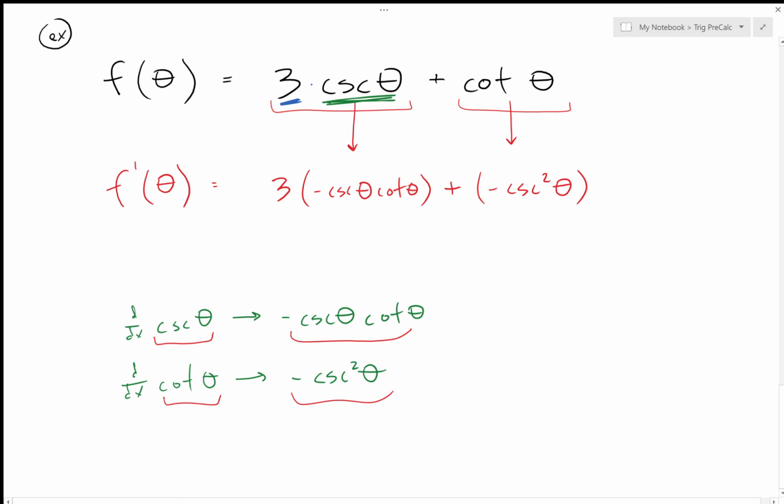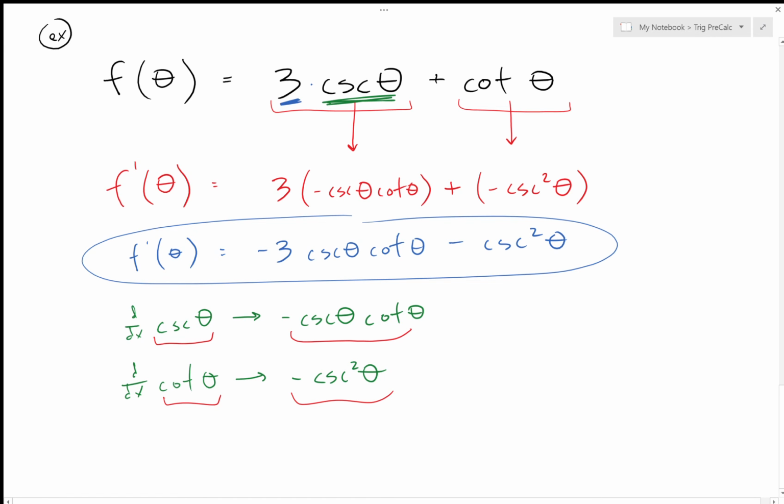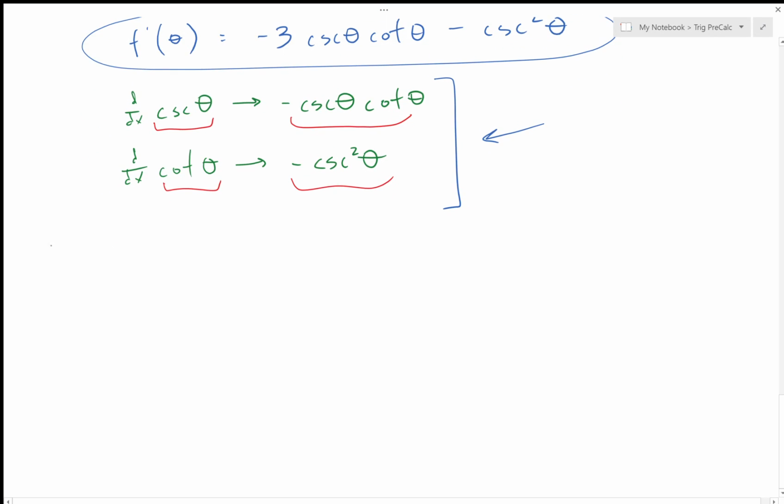And we can clean it up in one more step. So that's going to be a negative 3 cosecant theta cotangent theta minus cosecant squared theta. Alright, so there is the derivative. So these were the rules from yesterday's video. So if you want to take a look at those to refer back to, you go ahead.